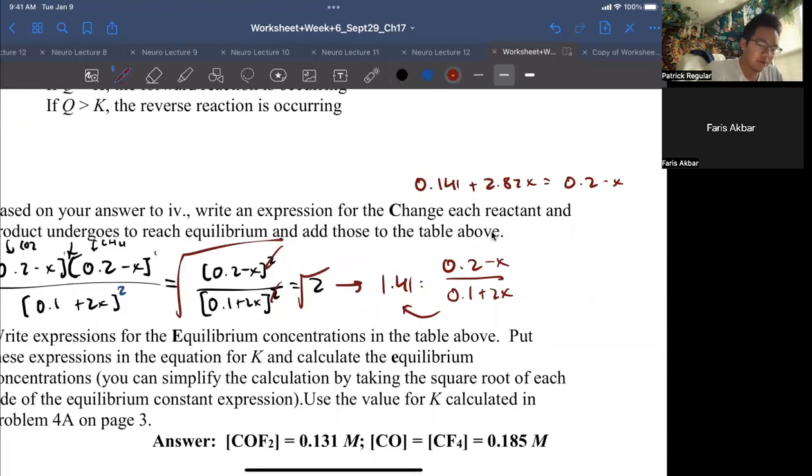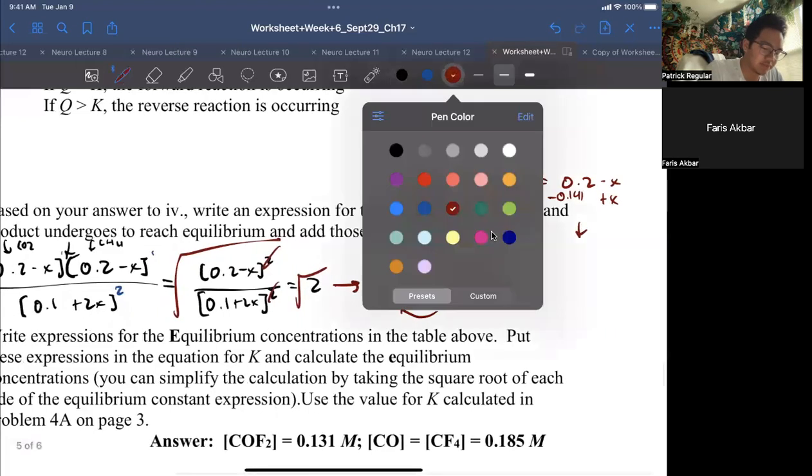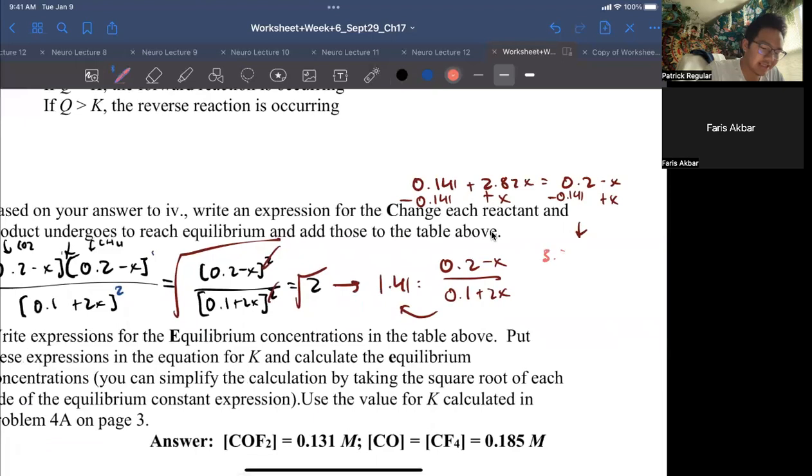Okay, so let's add our x right here, plus x, subtract 0.141. That's going to be 3.82 x equals 0.0590. Now we just solve for x. Divide by 3.82. X equals 0.0154.